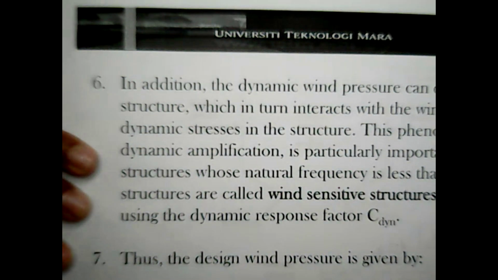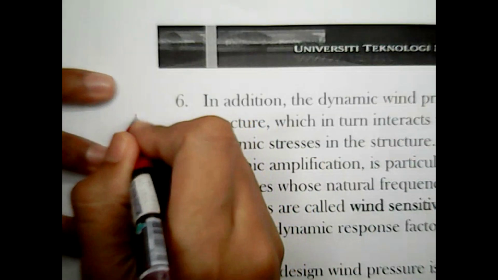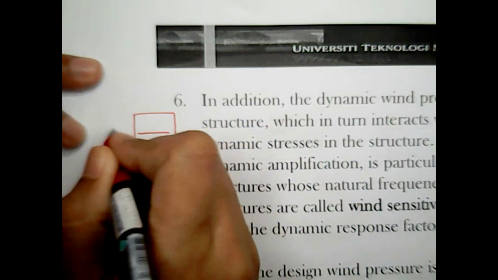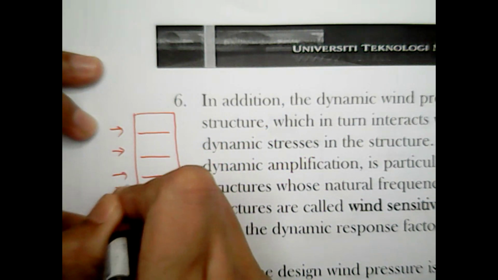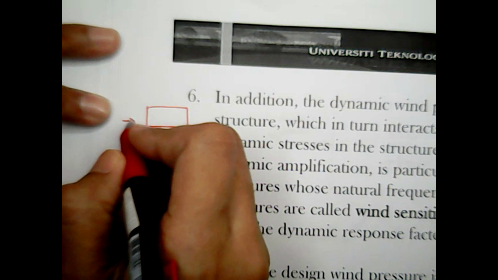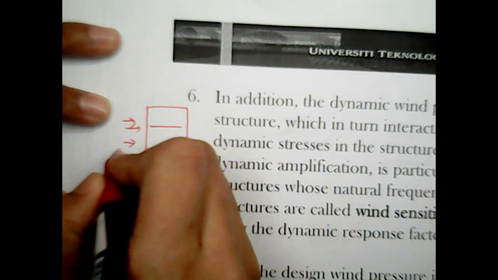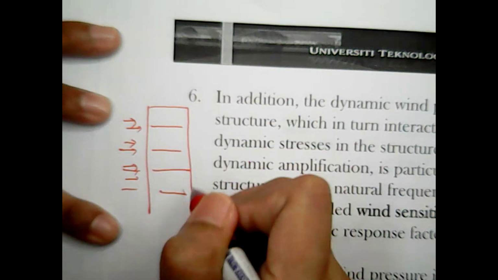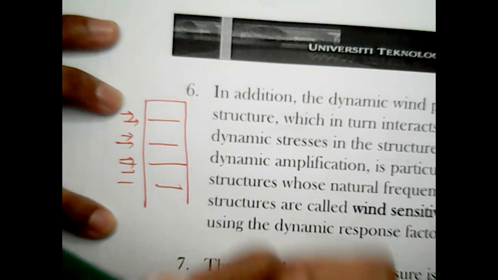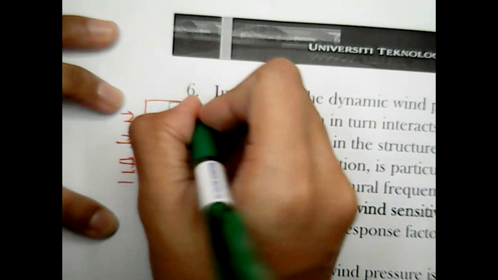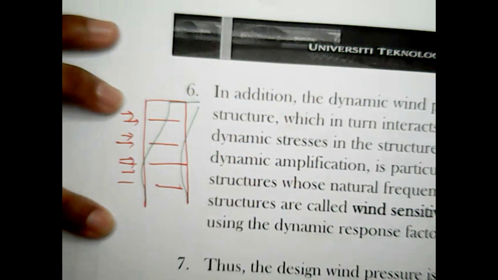When you have a tall building subjected to wind forces, if the wind pressure is too high, it will cause the building to vibrate, at some point and also in other directions.